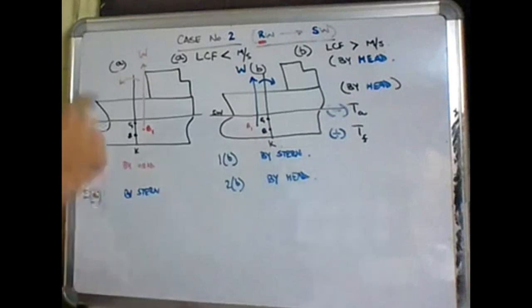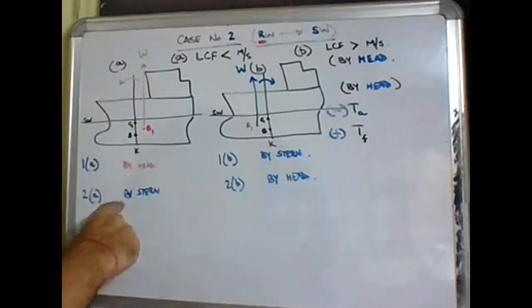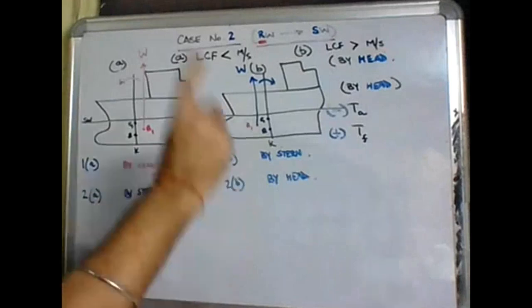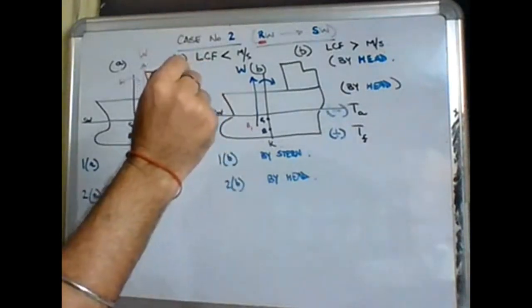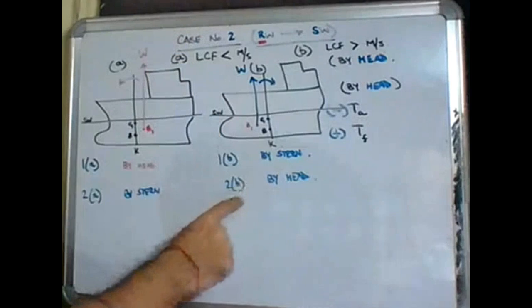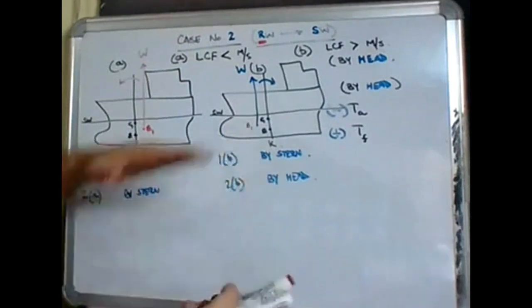Only difference is in case number 2B, there will be a rise, not a sinkage. So the new water line in 2B will be below. That's why I'm not looking only at B. I didn't want to bring B into the picture.